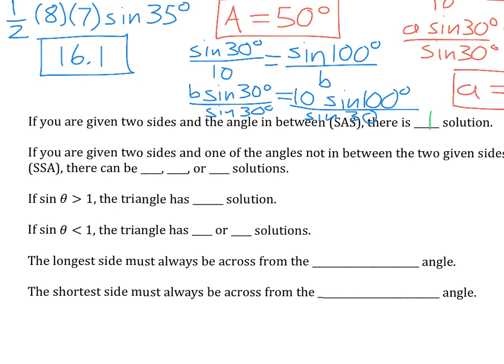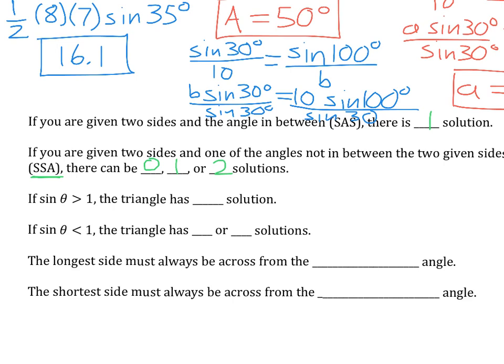Now if you're given two sides, but the angle they give you is not in between those two sides, there are three possibilities. There could be no solution, one solution, or two solutions. And we're going to teach you how to figure out which one it is.